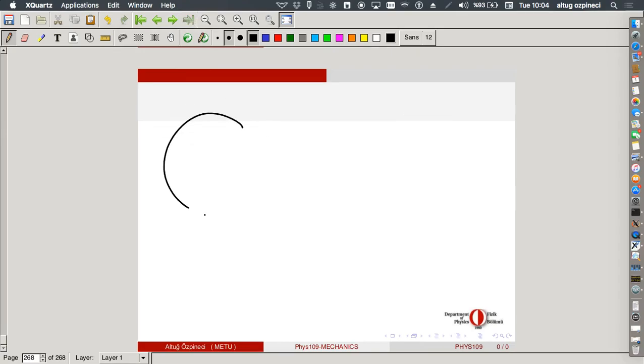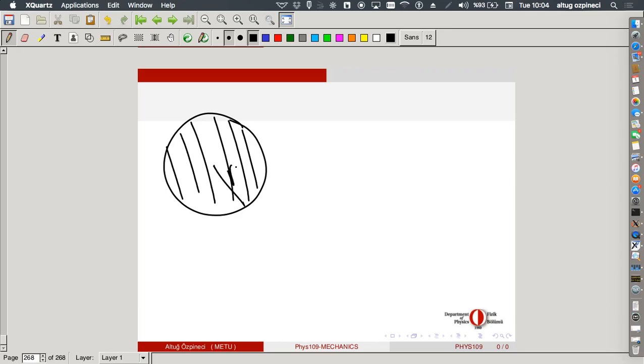So you see, we have this object. Let's say radius R1. Where is the center of mass of this one? It's at the center. But this object, I can just treat it as two separate objects.